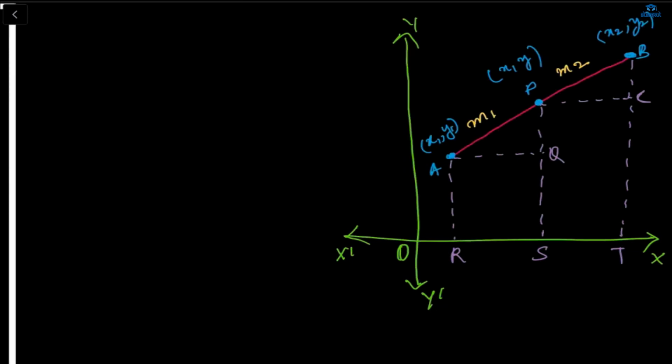You can see here, the point A has x-coordinate x1, so this value will be x1. Now if you see the point P, it is x, so this value will be x. I'm talking about the x-coordinate. Now B will be x2.